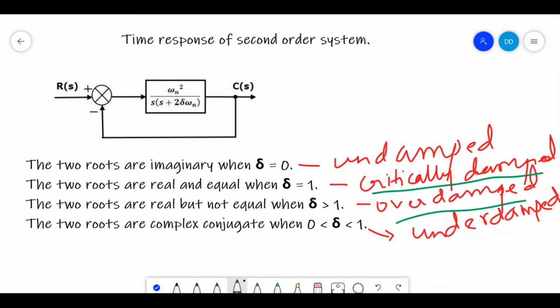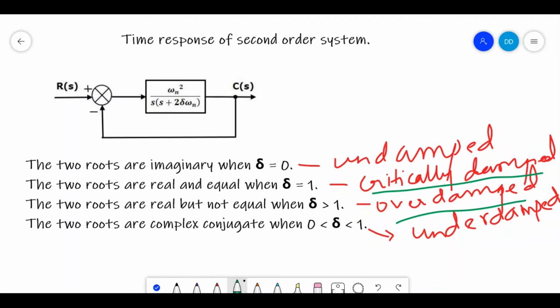In a critically damped system, the response rises slowly and reaches the final value. In the overdamped case, the response rises quickly to its final value. In the underdamped case, it oscillates and then finally settles to a steady state value.